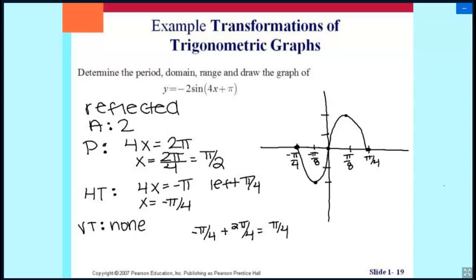What that means is this function is oscillating faster. So instead of it taking 2 pi lengths for a period to occur, it takes pi halves. So that means that this is 4 times as fast as the normal sine function.